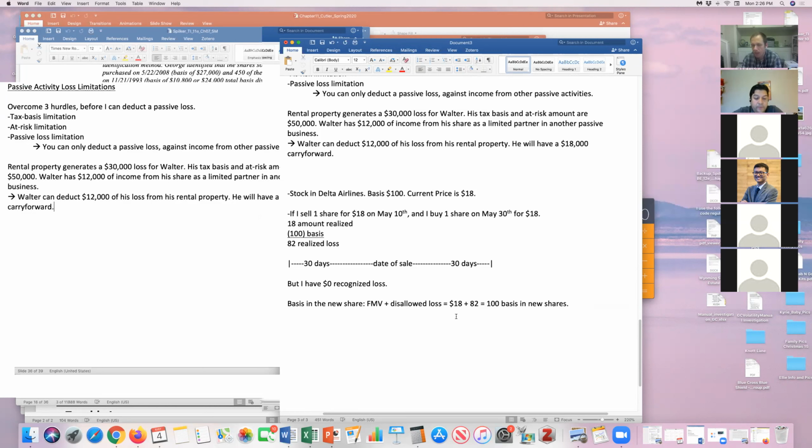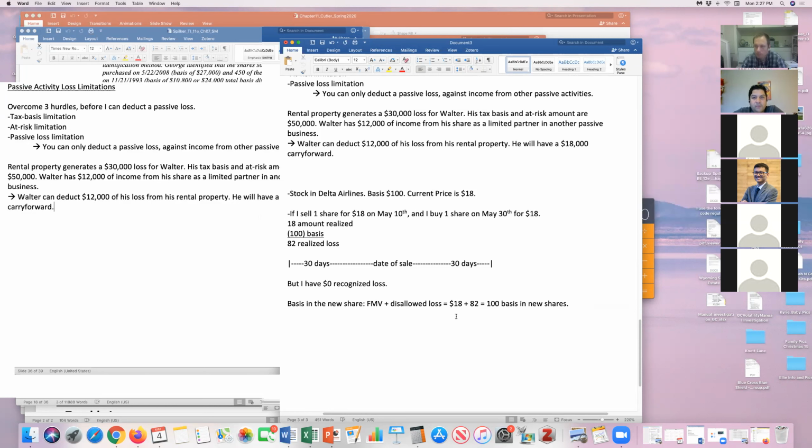I would treat it as 50 shares that I sold and replaced, so I completely disallow my loss on those and keep my basis in the original 50 shares. The other 50 I actually sold, and I can recognize the loss on those. It's sort of intuitive.